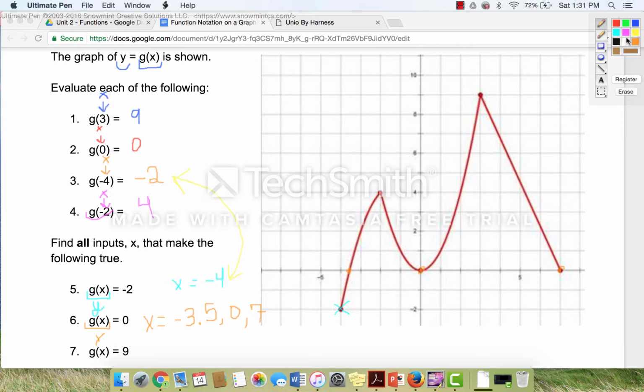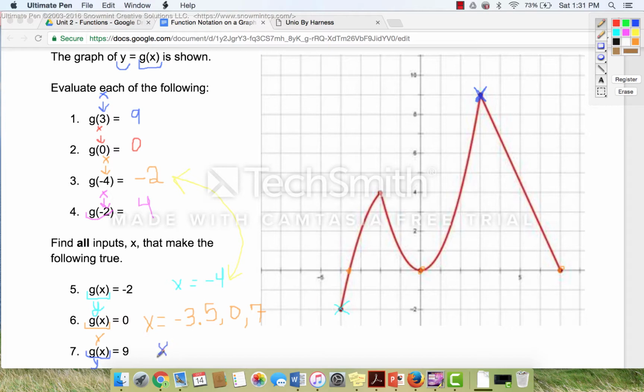All right, and then the final one, I want to know where my y value, g of x, again, just y, equals 9. So I'm going to go to my y values of 9, nothing here. Oh, I have a spot over here. And that corresponds to an x value of 3.